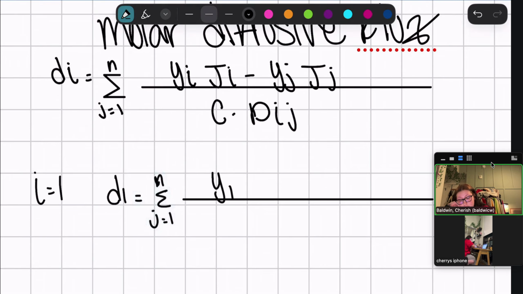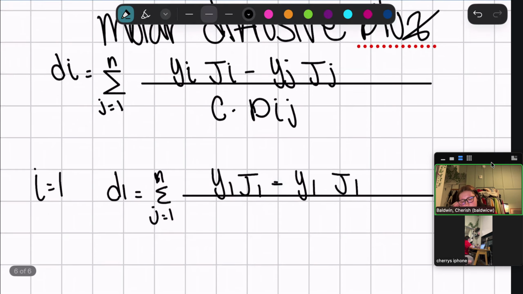This is the mole fraction of 1. This is molar diffusive flux 1 minus mole fraction of 1, diffusive flux of 1 over C concentration times diffusion coefficient 1 of 1.